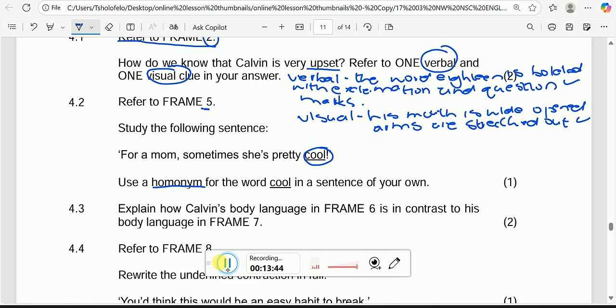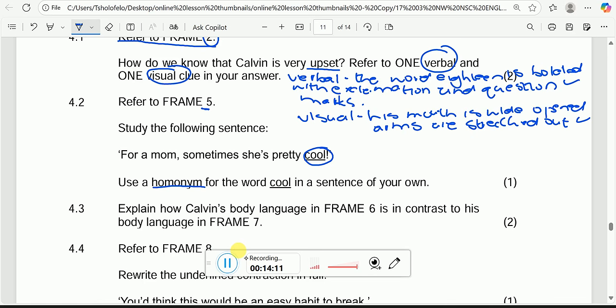Like I have said when we're discussing an advert, you must expect questions of language in visual literacy, especially pertaining to the use of synonyms, antonyms, homophones, and homonyms. Now, homonyms, remember, are words that are spelled the same, pronounced the same, but the meaning is different. So you need to look into how cool is used there.